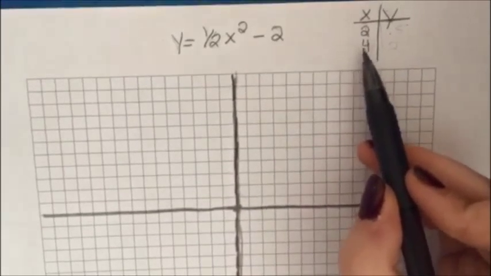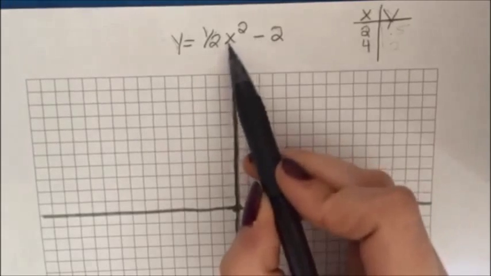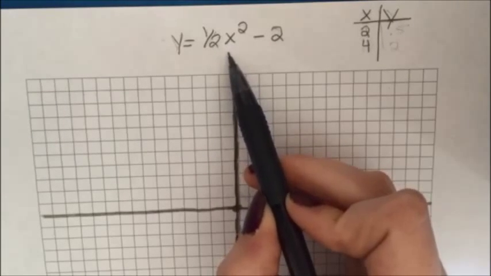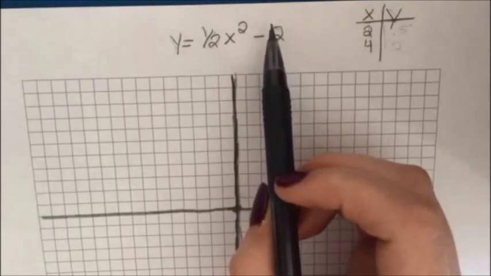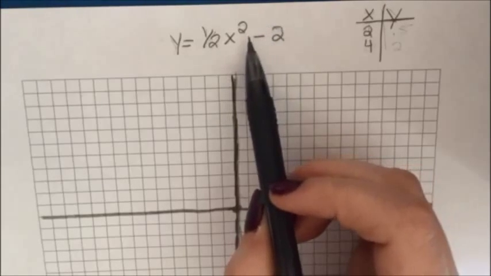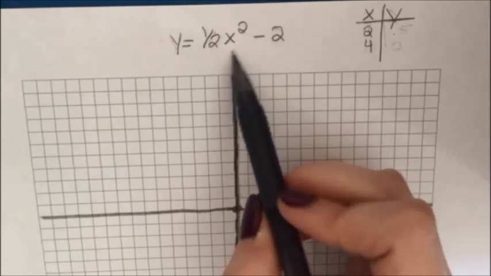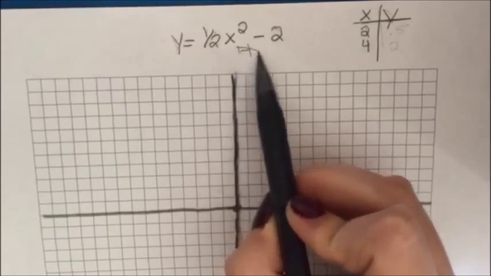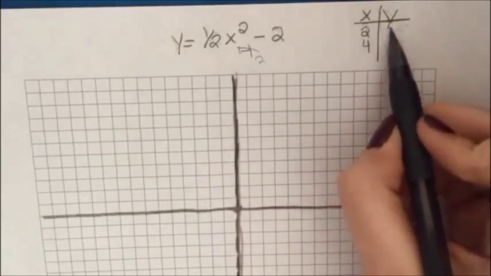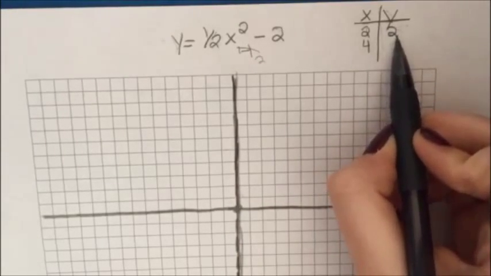Because x is equal to 2 here, we would substitute x for 2, and because of the order of operations, we would start with x squared being equal to 4, and that times 1/2 is equal to 2, which would make the first point 2, 2.